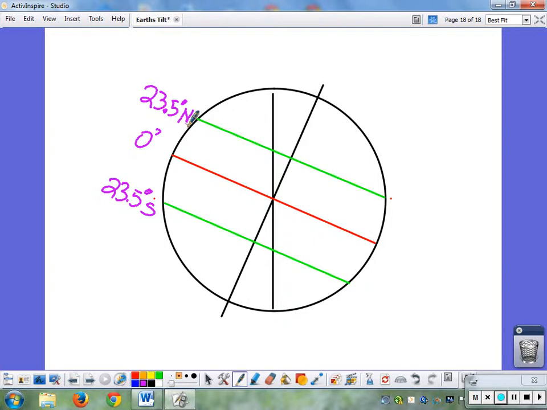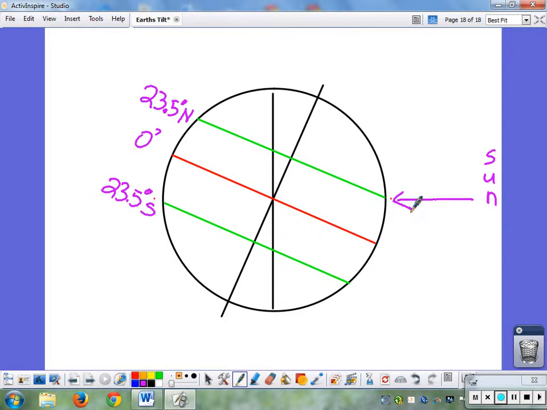If the sun is on this side, the northern hemisphere is in summer. Notice that the tropic is where that location that the sun is shining directly down on.